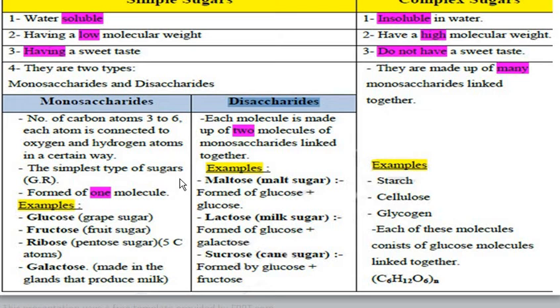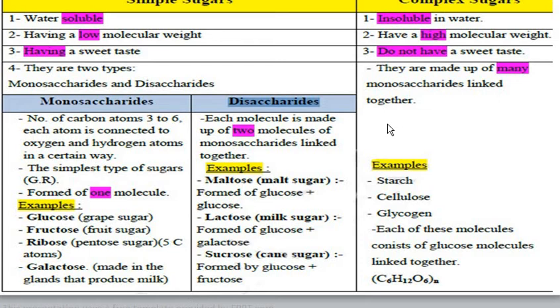5 carbon atoms. Disaccharide consists of two monosaccharides connected together, like lactose, maltose and sucrose. Maltose is found in malt sugar, and is composed of glucose and glucose.